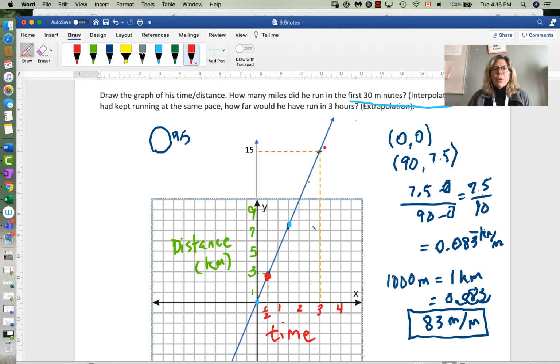Finding that point out there is extrapolation. Finding the point in here is interpolation. So interpolation is inside the 2 dots, and extrapolation is on the exterior of the 2 dots.